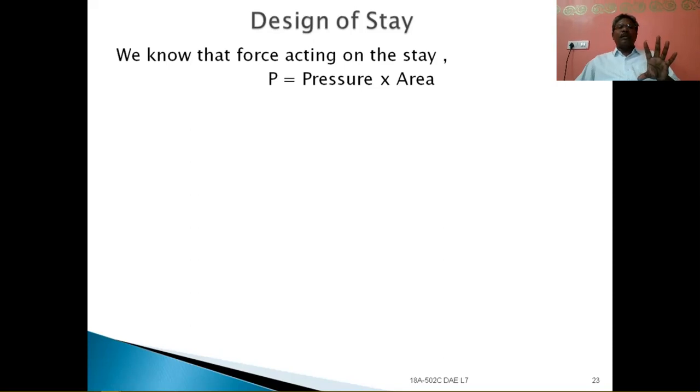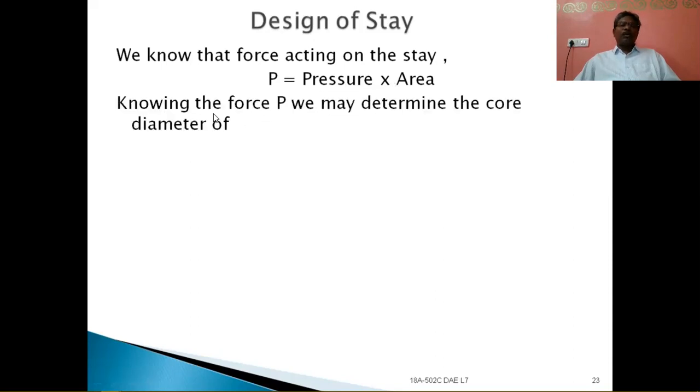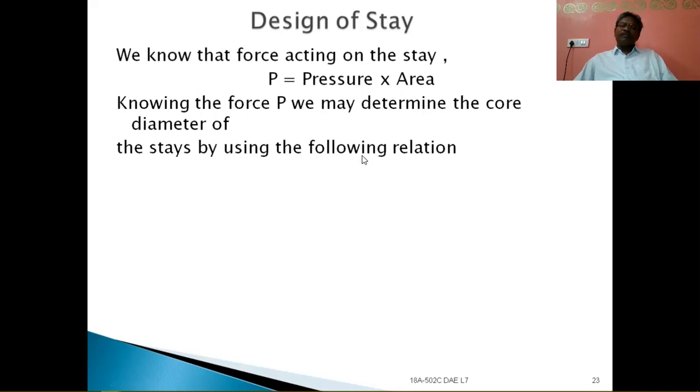So let us see, P is equal to force acting on the stay, P is equal to pressure into area. So knowing the force P, we may determine the core diameter of the stays by using the following relation.